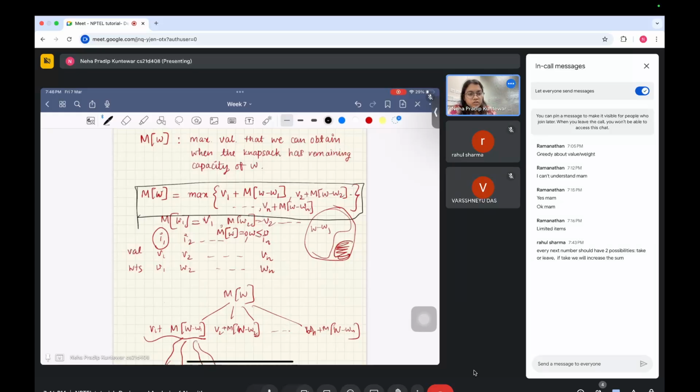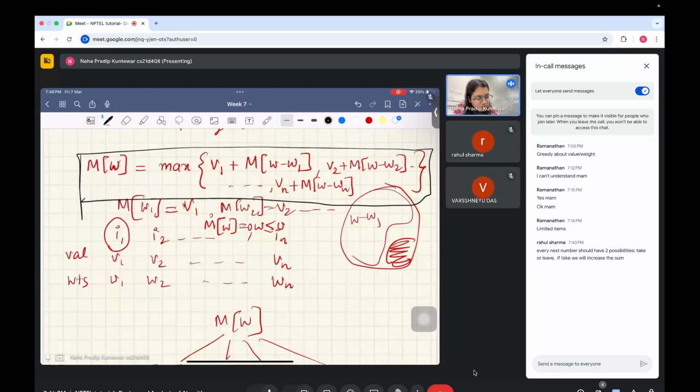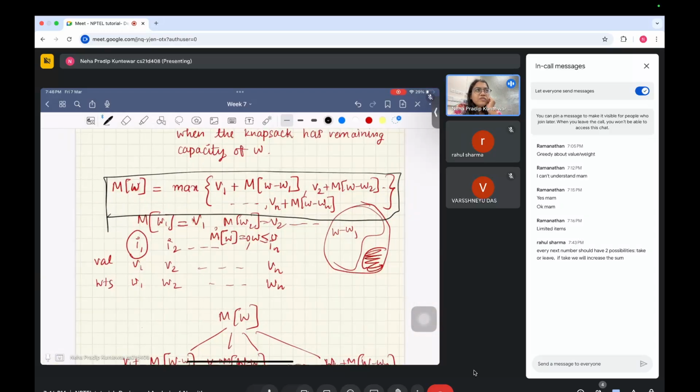Okay, so let us see. In the previous case where we saw this subarray problem, it was something like order n, it was linear. But here you have something interesting happening. Notice that here you have a weight which is coming into play, the capital W, which you want to find out.